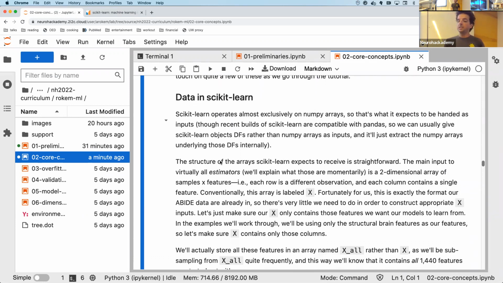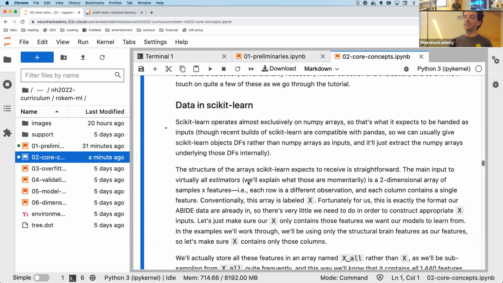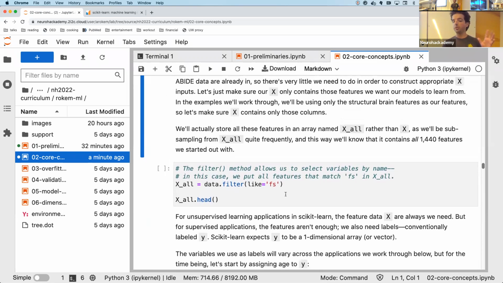The data in Scikit-Learn is organized pretty much like we've seen so far. There's pretty much always one two-dimensional array in machine learning problems, of n samples with p features, that is labeled X. Fortunately for us, this is exactly how the data here is organized, with one small thing.